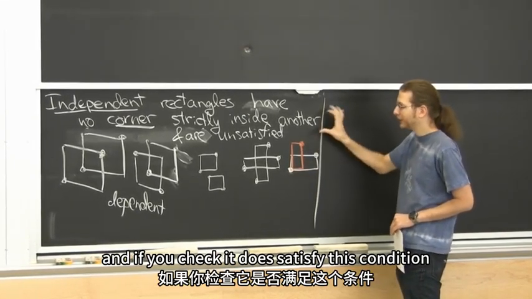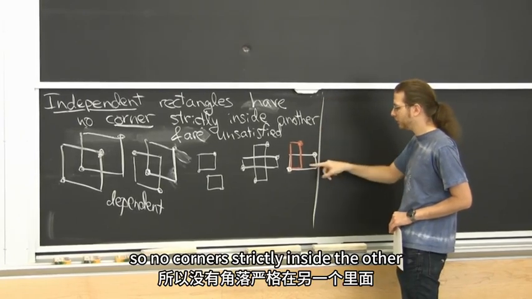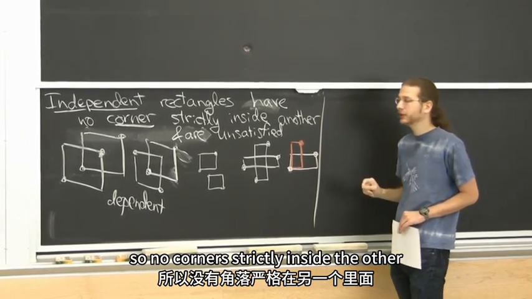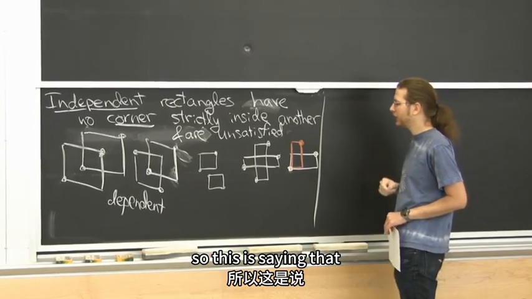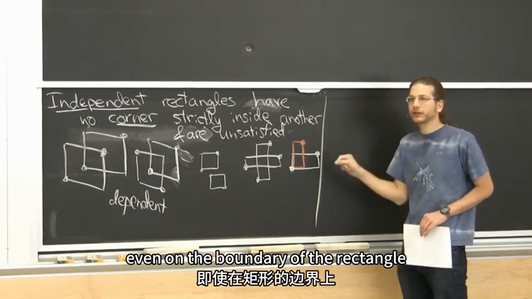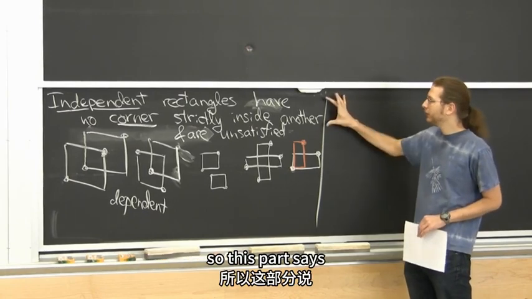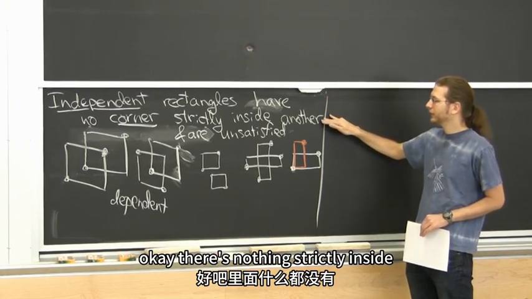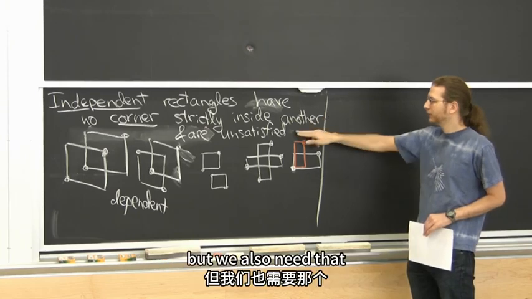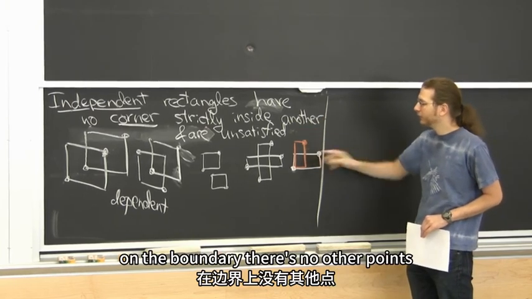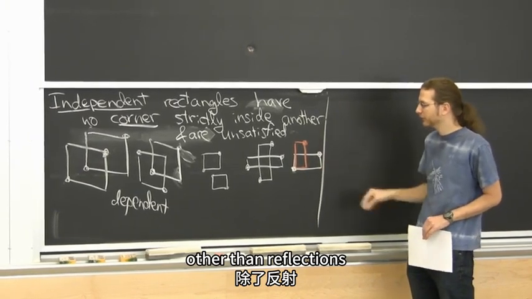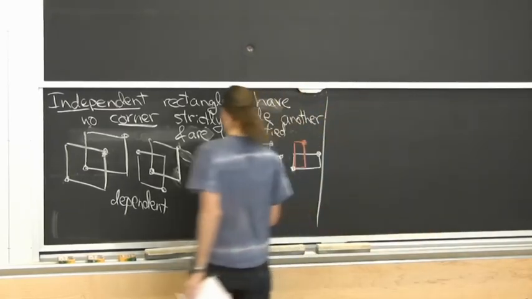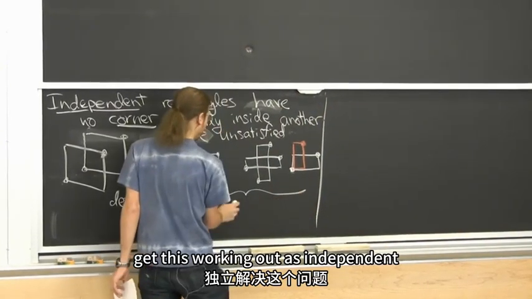And if you check, it does satisfy this condition, so no corner is strictly inside the other. But we also need that the rectangles are unsatisfied. So this is saying that there's no other point even on the boundary of the rectangle. This part says there's nothing strictly inside, but we also need that on the boundary there are no other points. So this is the only situation other than reflections where you get this working out as independent.